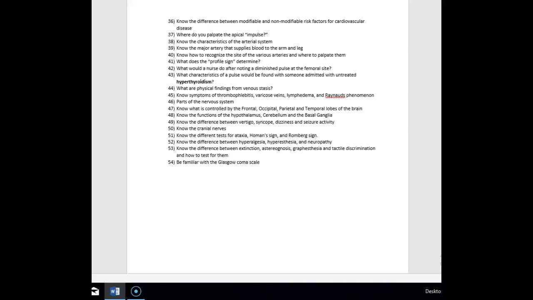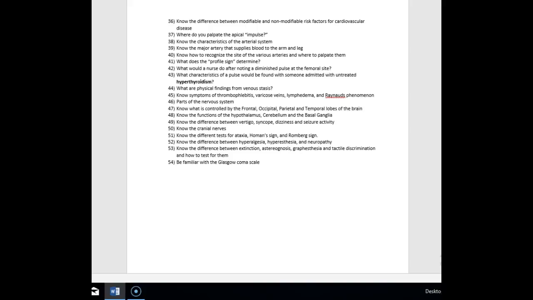If a person has venous stasis, the blood is not being carried back to the heart, it's not circulating well. A lot of times, at the bottom of their legs, they'll have a brown discoloration.